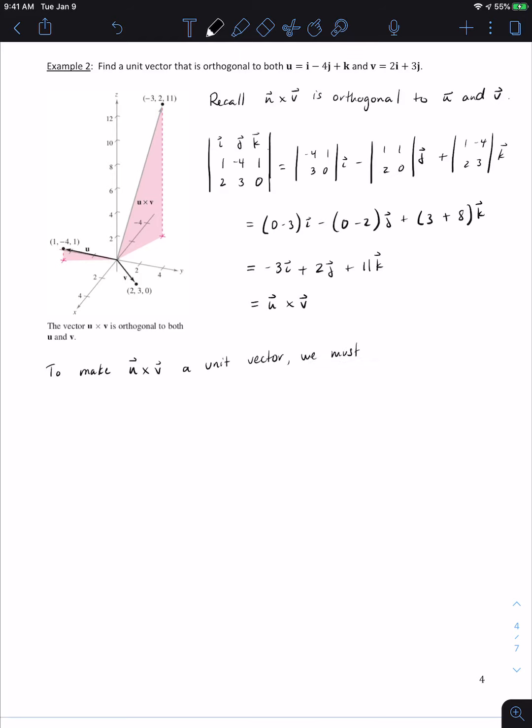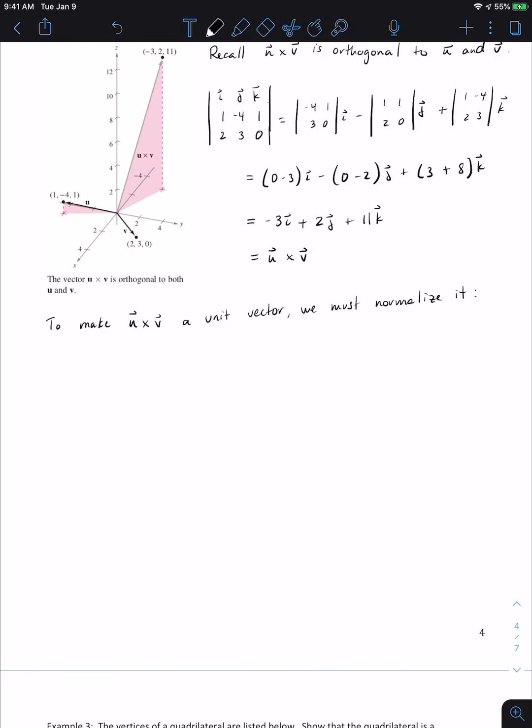we must normalize it. And that's kind of a fancy word, but remember, normalize is that idea that we're going to find 1 over the magnitude of u cross v times the vector u cross v. And this scalar here times our vector is going to give us a vector that has length 1, which means that it's a unit vector.